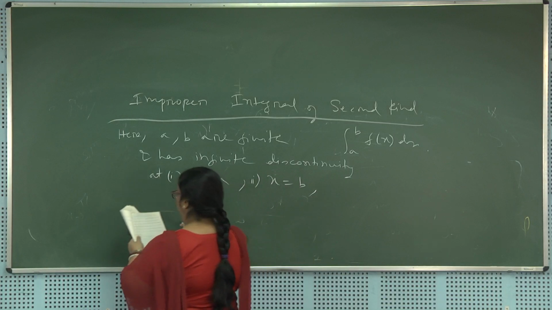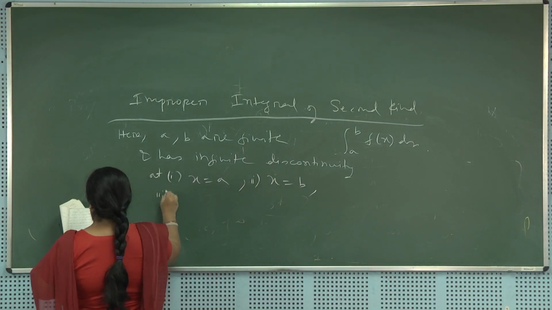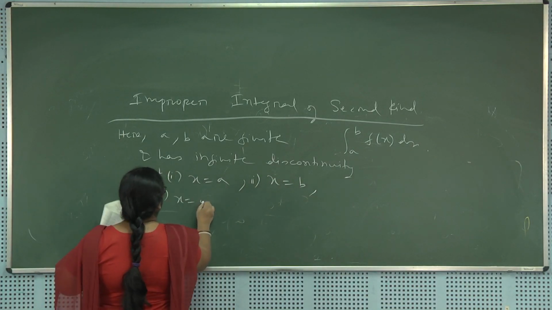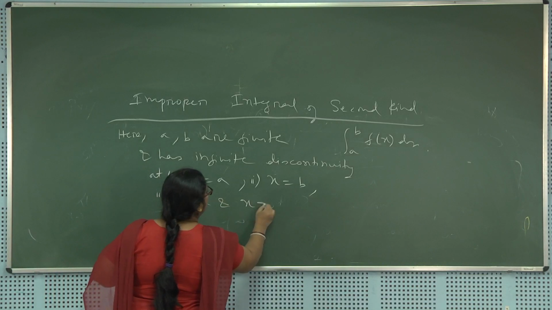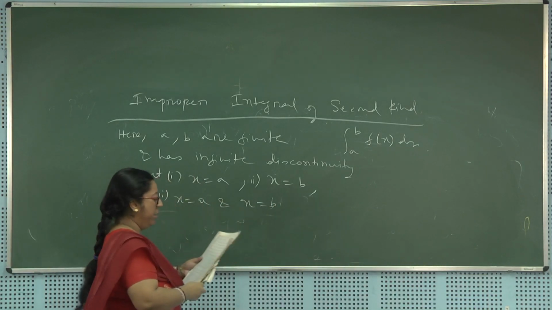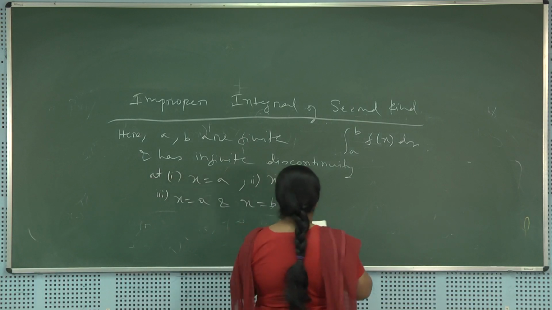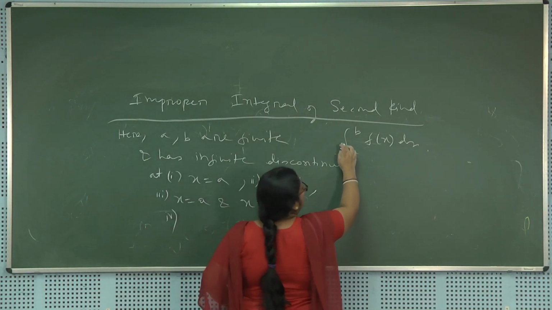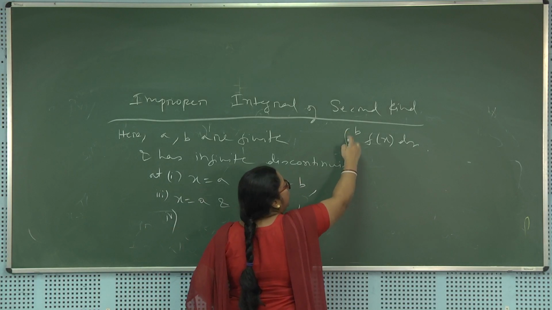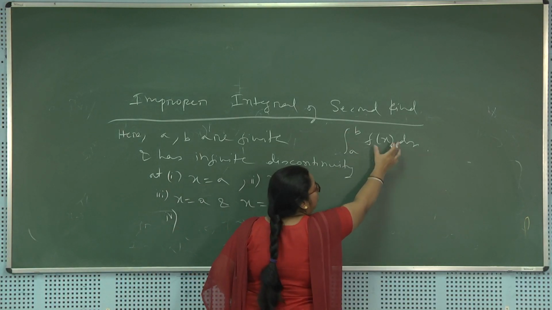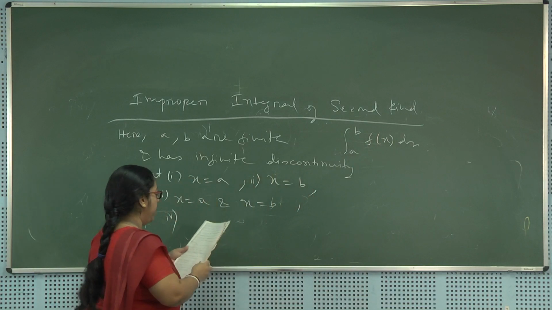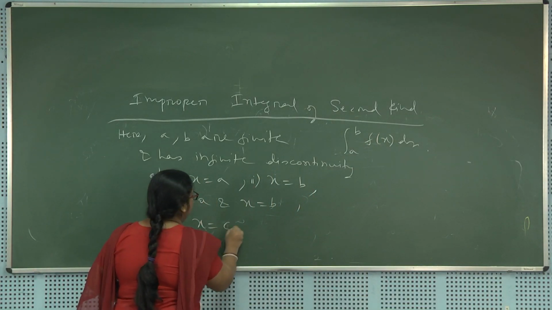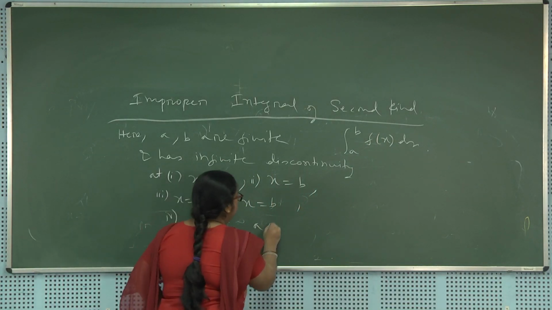Number 3, x equal to a and x equal to b, both the limits, if you substitute, it will become infinite. Or the fourth case will be that if you take some interior point c lying within the range of integration, if you substitute c, function becomes unbounded or infinite. x equal to c, where a less than c less than b.